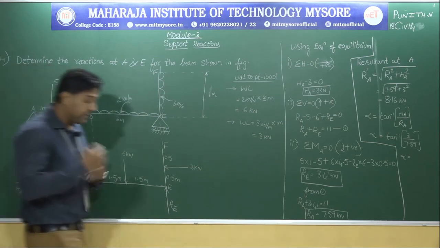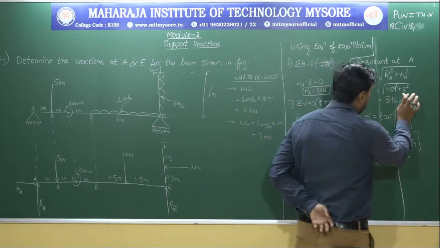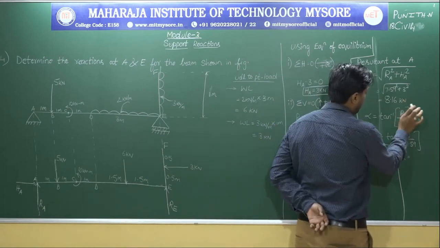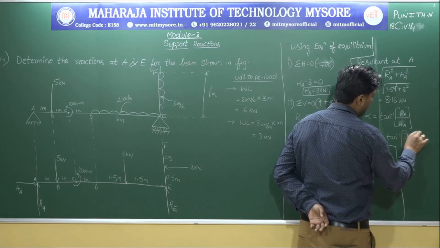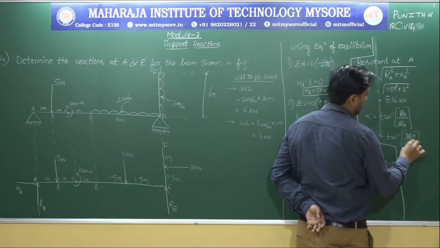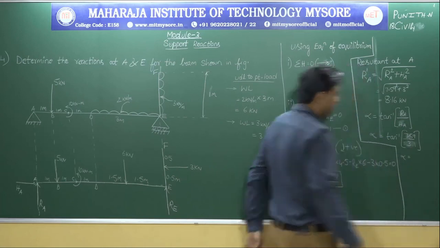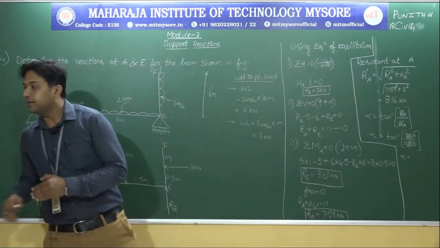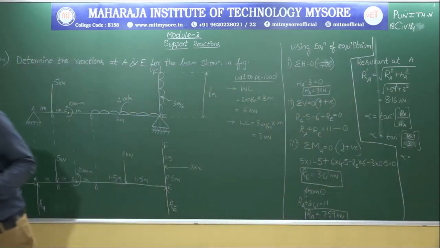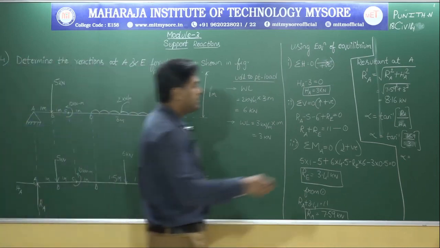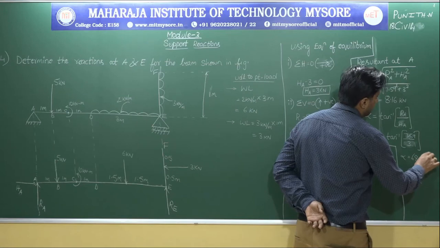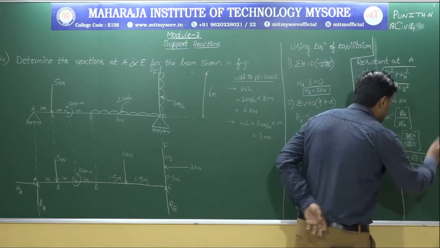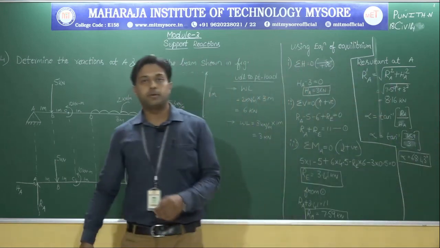It is RA by HA. Okay, this is 7.59, this is 3. What is the value that we are getting here? It is 68.43 degree. So this is how we need to do the problem.